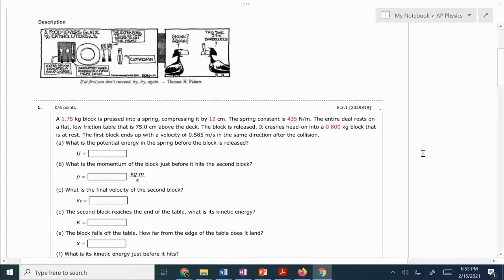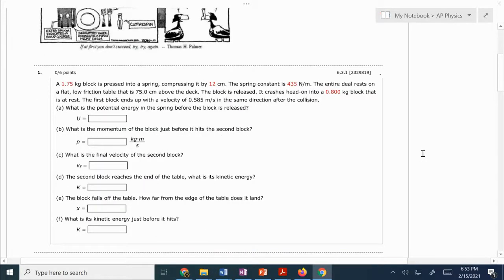For number one, we have a block that's pressed on a spring, on a table that is 0.75 meters tall. Let's quickly draw what this looks like. We've got our table here, a spring pushed up against a block, and another block right next to the edge of the table.